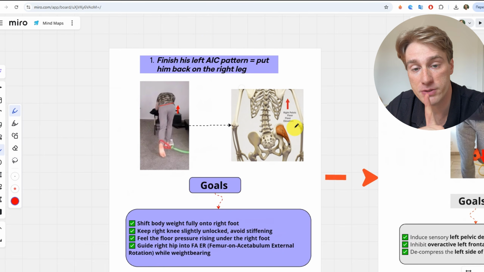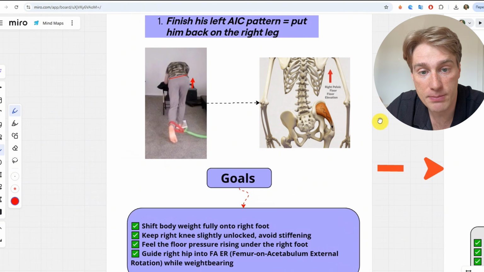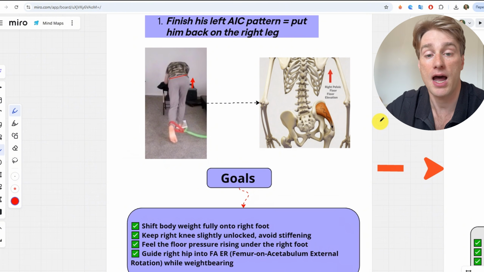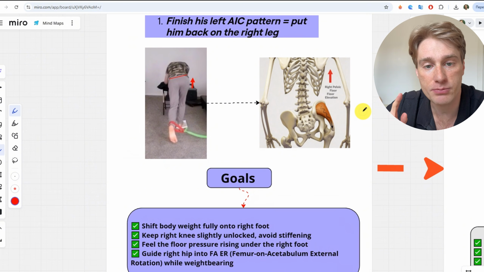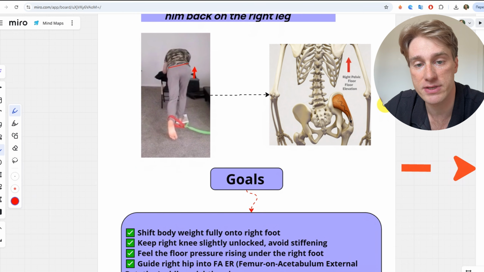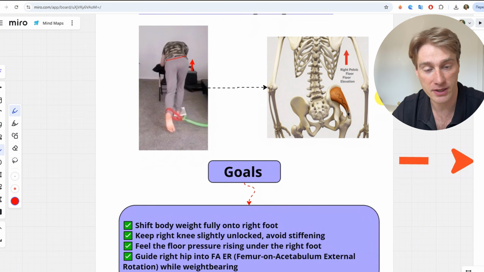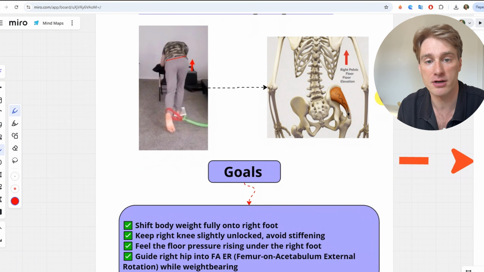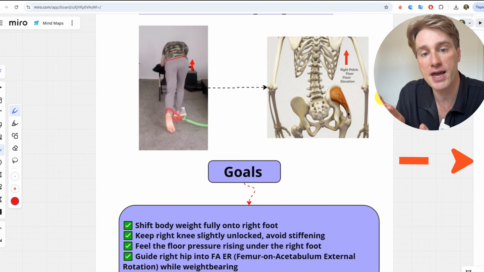Look here, the first point was to raise his right pelvic floor up towards the ceiling. His brain has to sense, through exercising and certain habits, that the right pelvic floor, and the floor from underneath the right foot, is going upwards.